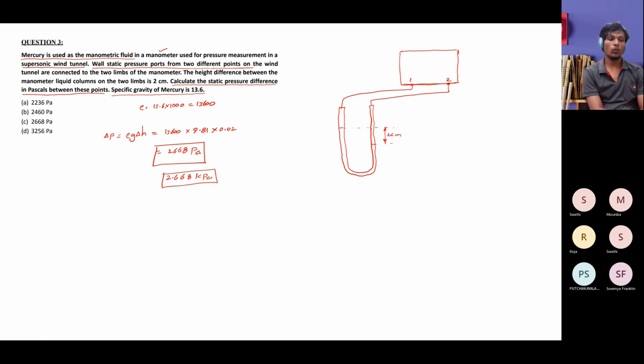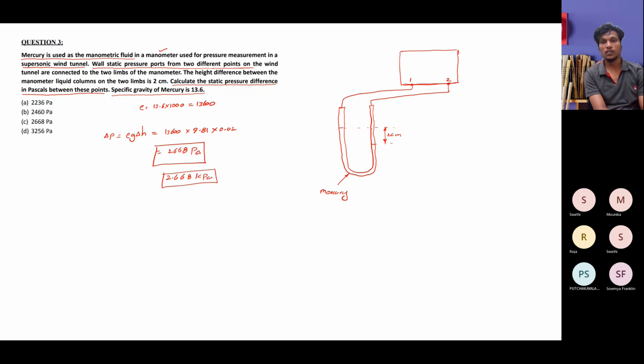I have to mention one more point here. Why are we using mercury instead of water for supersonic behaviors? Why not alcohol or spirit or some other manometric fluid instead of mercury? When we are dealing with supersonic flows or very high pressure differences, mercury has a specific gravity of around 13.6, so its density is very high.